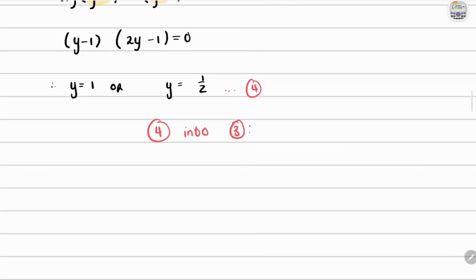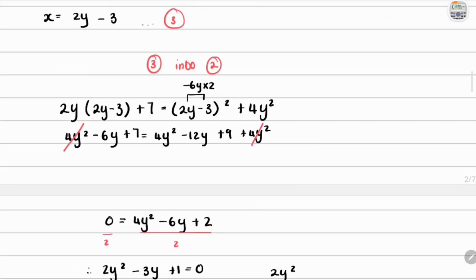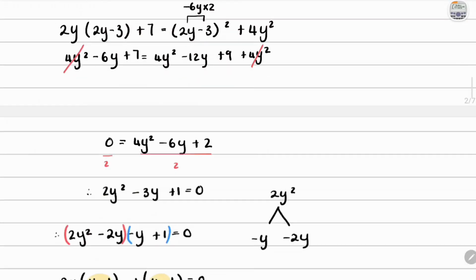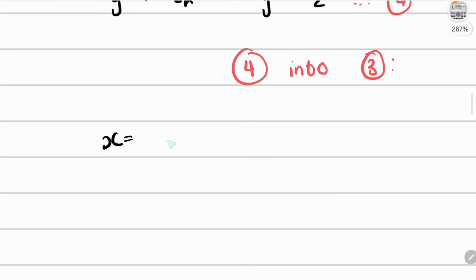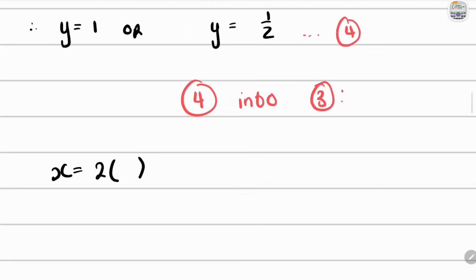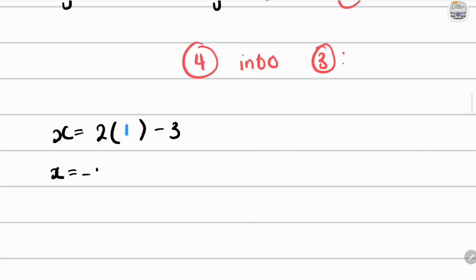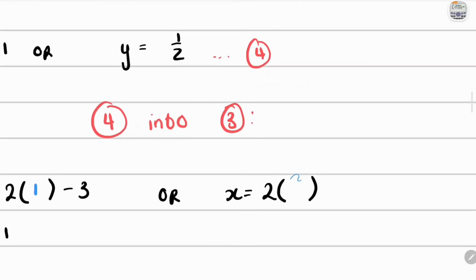And so that is x is equal to 2y minus 3. And so we're going to say 2y, but in place of y, we'll substitute 1. And 2 minus 3 is negative 1. So x equals negative 1 here. Or x is equal to 2y again, and here y is a half, and minus 3.